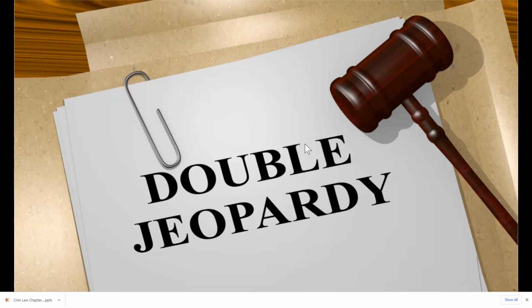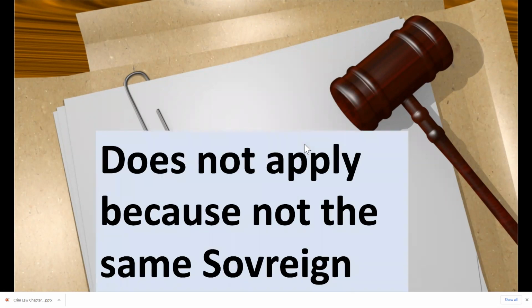Somebody can be charged with the crime, and they can also be sued in civil court for that same exact act, and that is not double jeopardy, because in order for double jeopardy to apply, it must be the same sovereign, the same government that's bringing that act. So O.J. Simpson was found not guilty of the crime of murder. The state of California could not turn around and try him again if they found new evidence, because that would be the same sovereign.